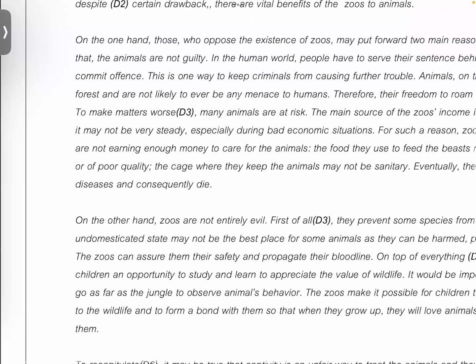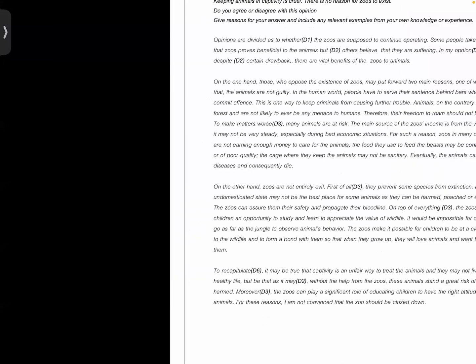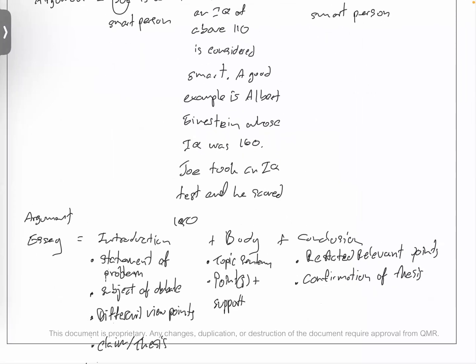Okay, so I hope you understand how this essay text works. So it basically follows this guideline. All right, argument essay. Okay, so introduction, you will have 4 things. You have statement of problem, subject of debate, different viewpoints, and claim. Okay, but in our particular example, we don't have statement of problem, but that's okay.